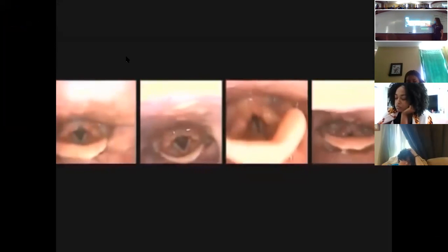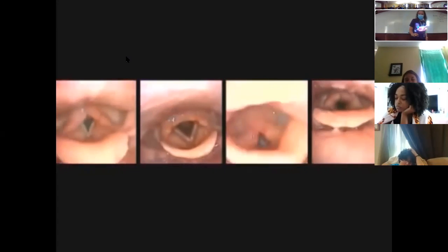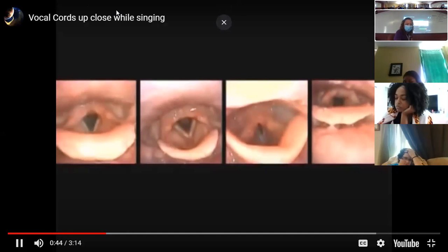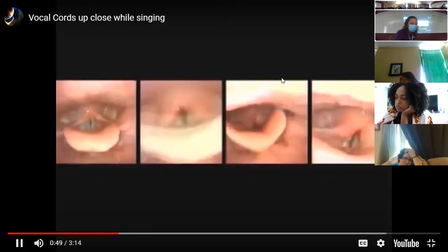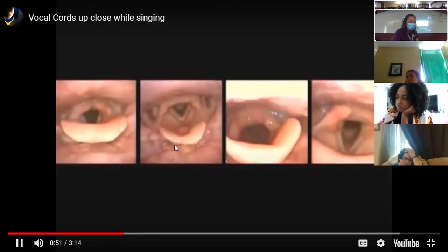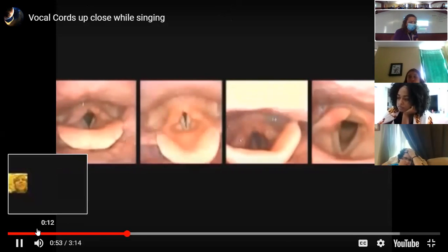So we're at the back of the throat, in the larynx. Here's the epiglottis. And this here are the vocal cords. Can you guys hear the coughing in TV land? Okay.